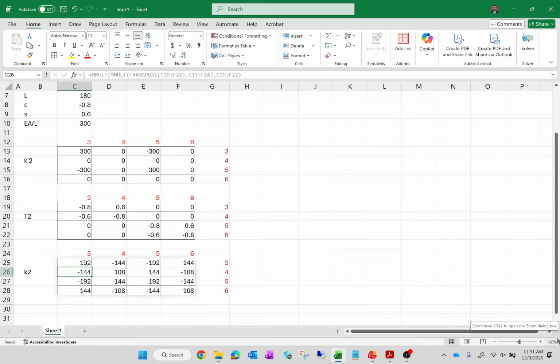This is an execution of N mult. This is a separate execution of N mult. Does that make sense? Yeah. So this is basically what you're doing, you're doing it twice.